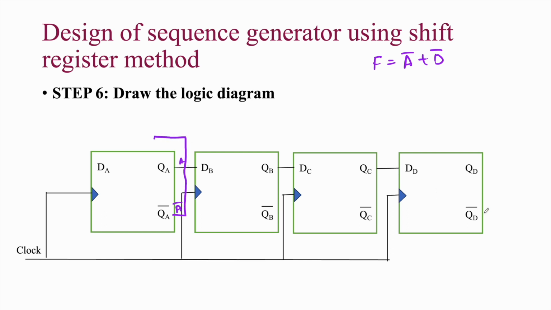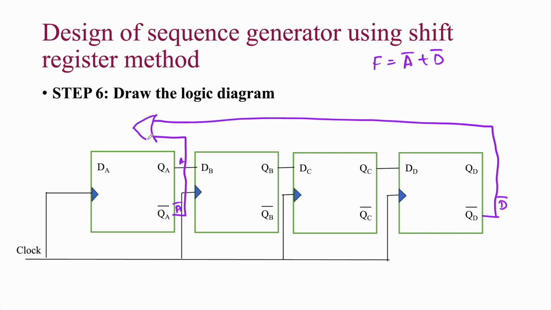And similarly this is D and this is D bar. These two signals are given to an OR gate because this is D bar, this is A bar. Output F will be A bar plus D bar. This signal will be given as an input to the flip-flop. Therefore, we have designed the sequence generator using shift register method. And this is the logic diagram. Thank you.